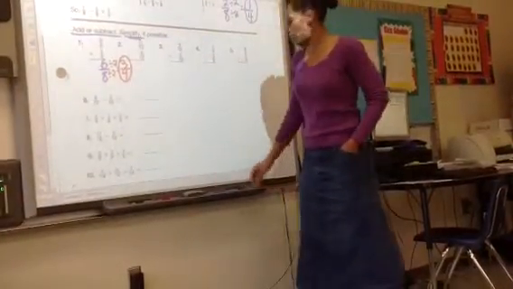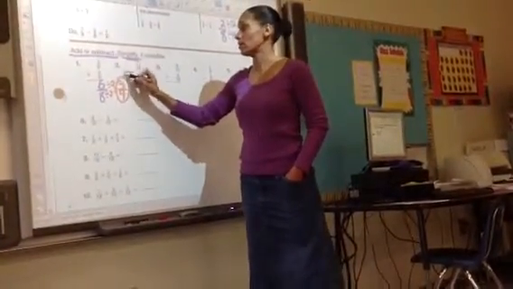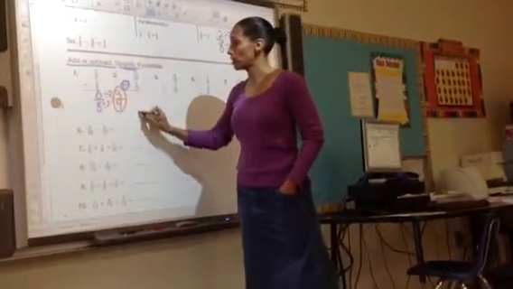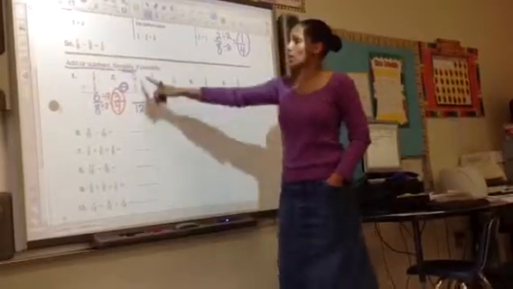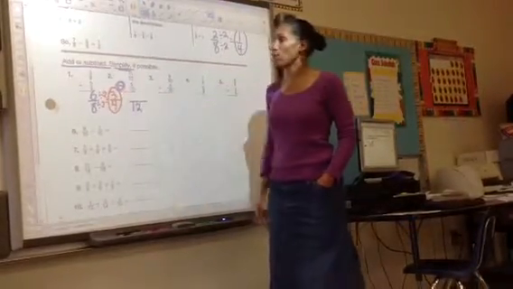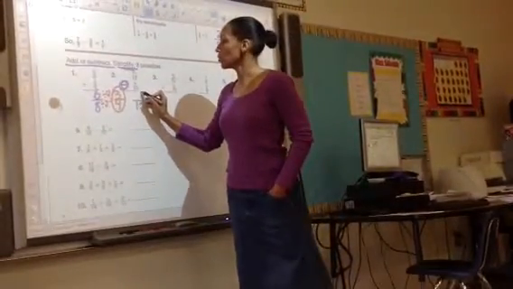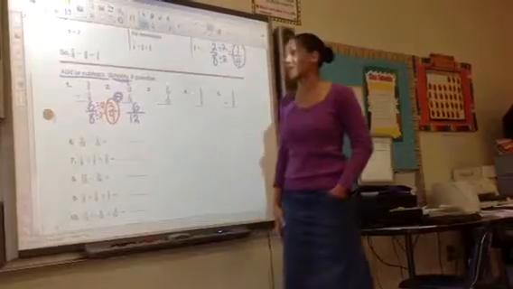When I look at 11/12, I have 11/12, I'm going to be subtracting, take away 5/12. 12ths and 12ths is going to give me 12ths. So I'll write down my 12ths. 11 minus 5 equals what? It equals 6. So I have 6/12 as my answer.